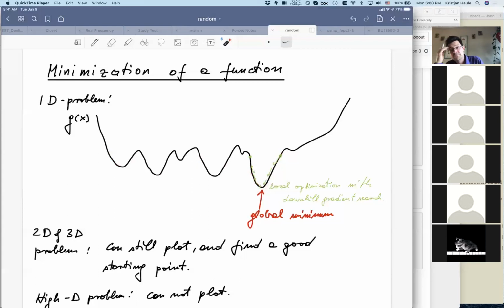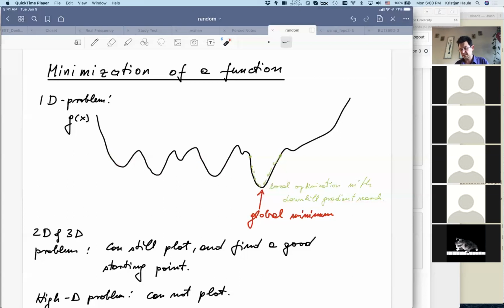You can do the same thing even for very high dimensional functions. Even if you have a 10-dimensional function, you can still use this gradient method from SciPy if you have some idea of where the minimum is, or if you don't care whether it's a local or global minimum, then of course you can also just use this downhill gradient search.